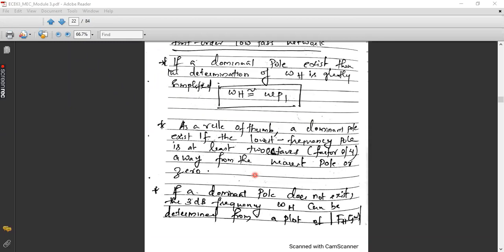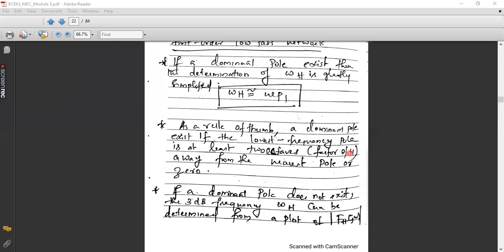Whereas the remaining poles, like omega p2, omega p3, omega p4 till omega pn, should be at least 2 octaves apart. 2 octaves means a factor of 4. Suppose my omega p1 is at 100 kilohertz.